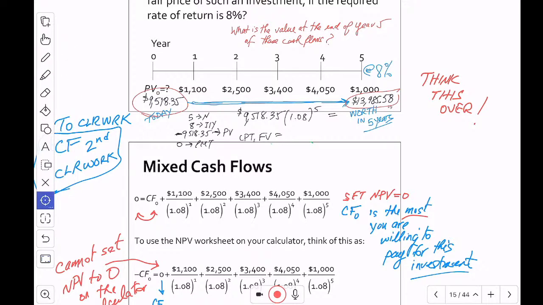So the way that I asked the question was to find the value today of these future cash flows, right? If you forget about time value of money and just add them, this is like 1,000, 2, 3, 3, 6, it's about $10,000 or something.